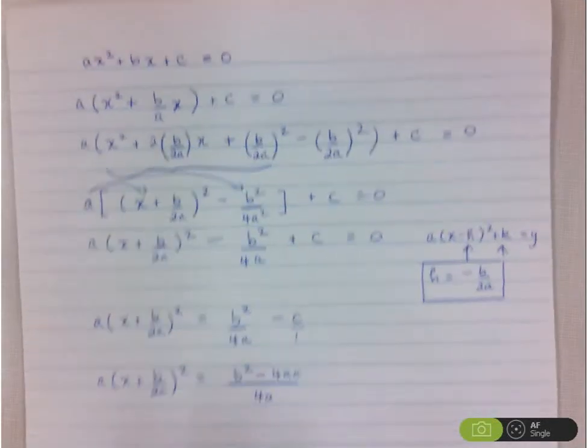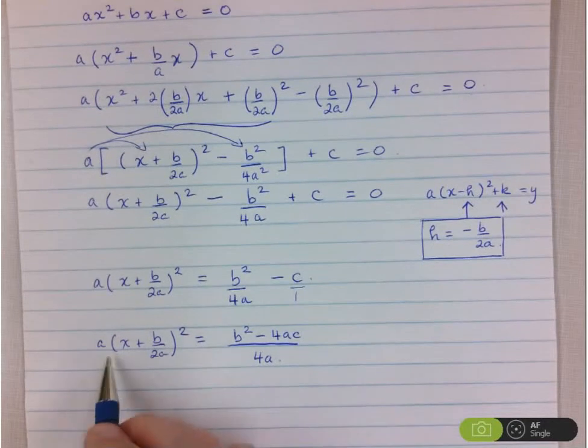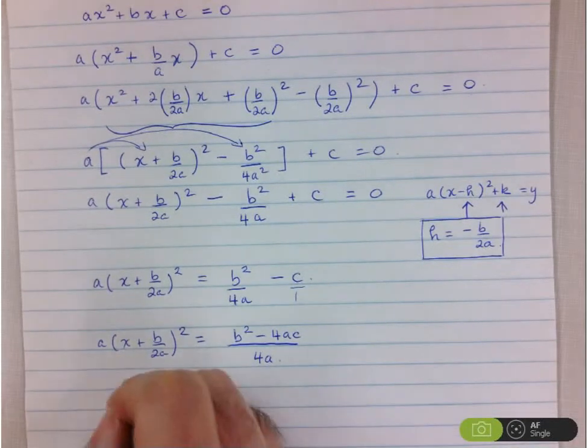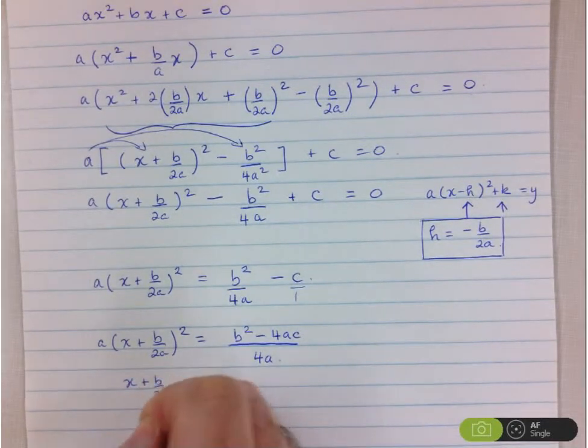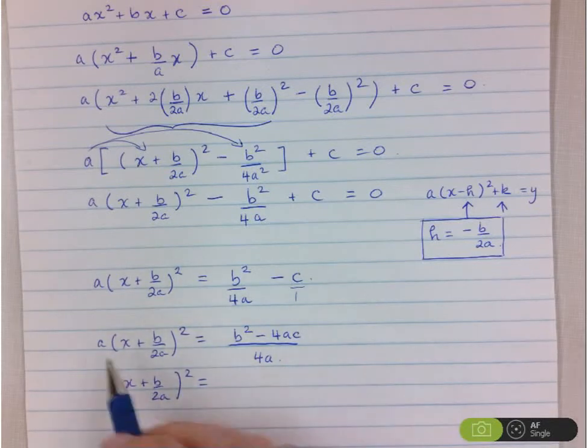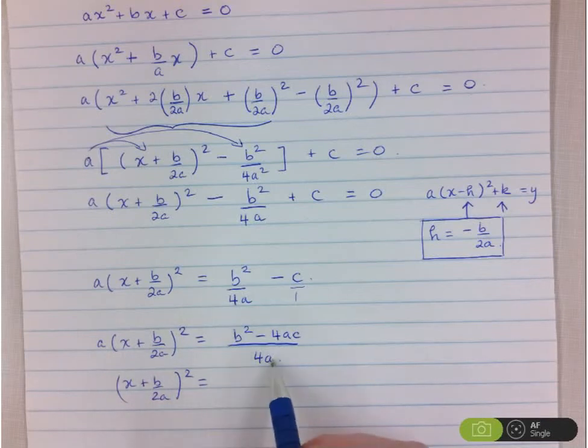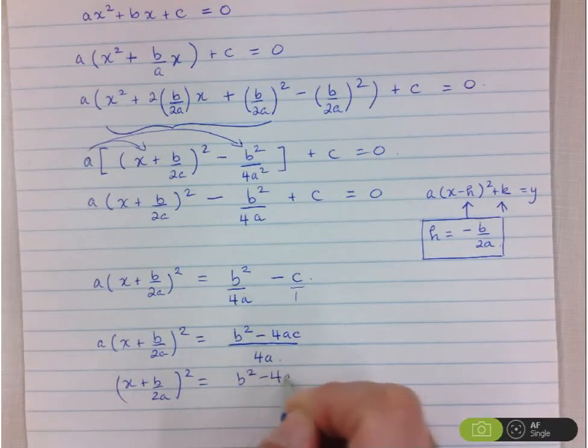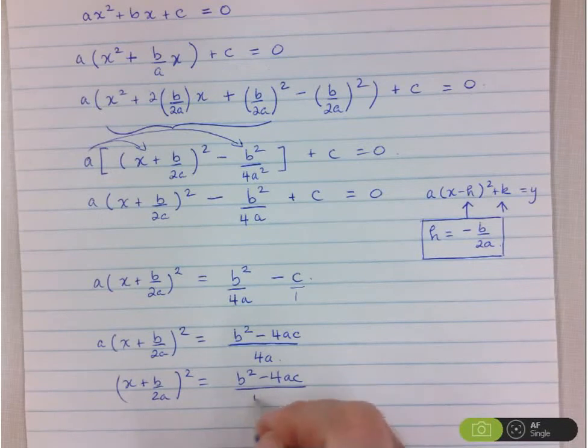Okay. Let's keep going. The next thing we'll have to do is divide the a to the other side. So x plus b over 2a, all squared. Now, here the a is in the numerator. If I bring it to the other side and divide it, it goes into the denominator. And lo and behold, what do we get in that denominator? Instead of 4a, we have a 4a squared.